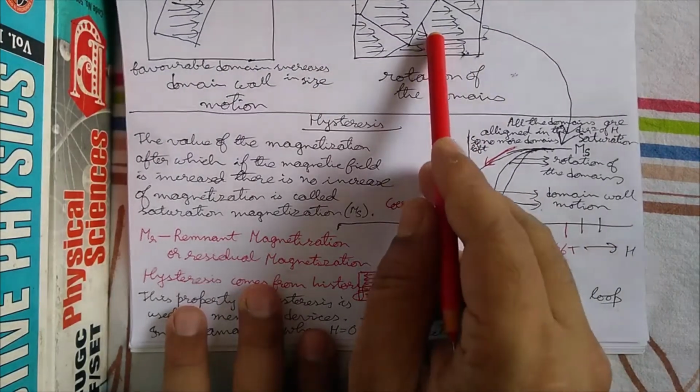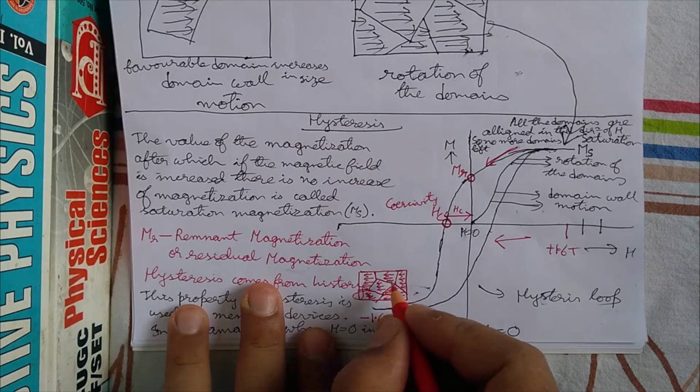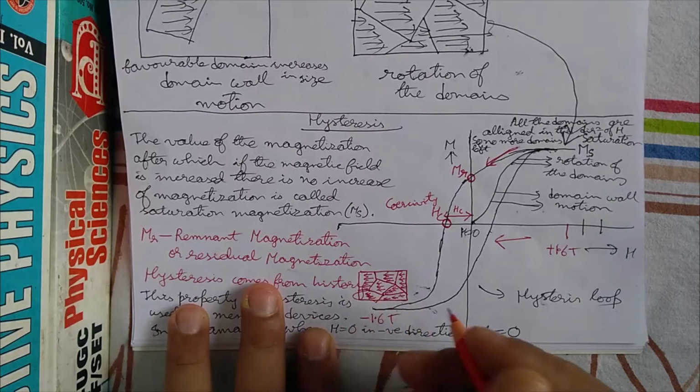Here I have drawn the atomic dipoles oriented in exactly the opposite direction. So this is the hysteresis loop.